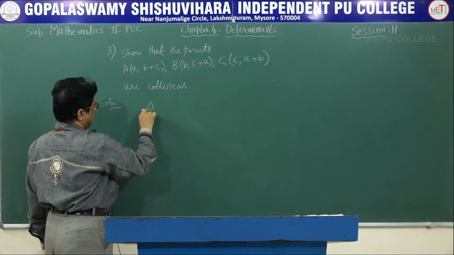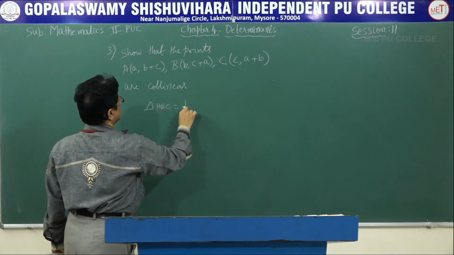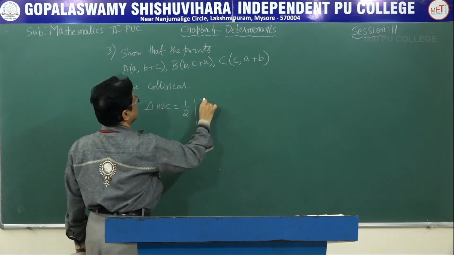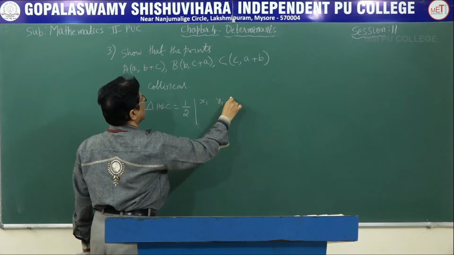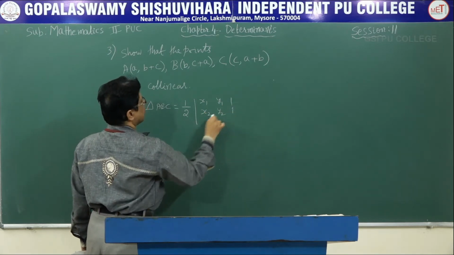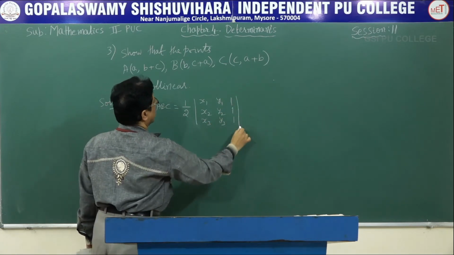So area of triangle ABC is given by half into determinant of x1 y1 1, x2 y2 1, x3 y3 1.